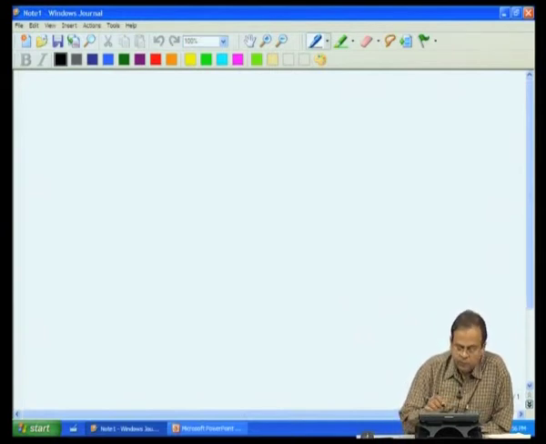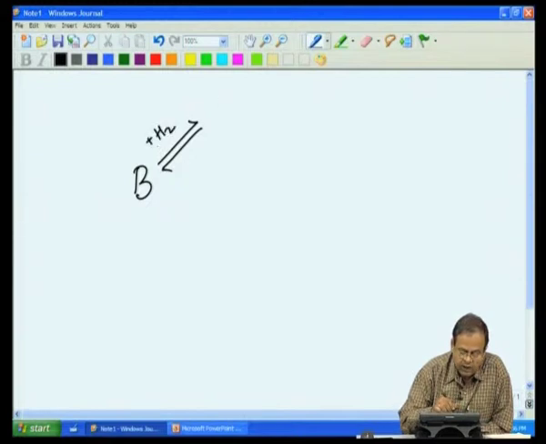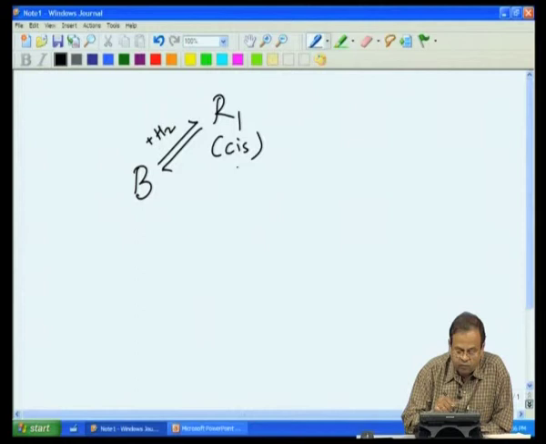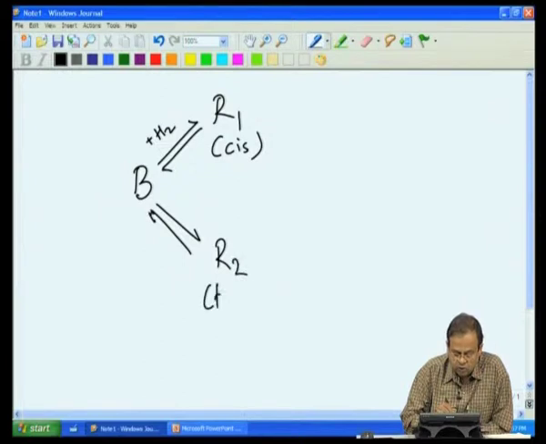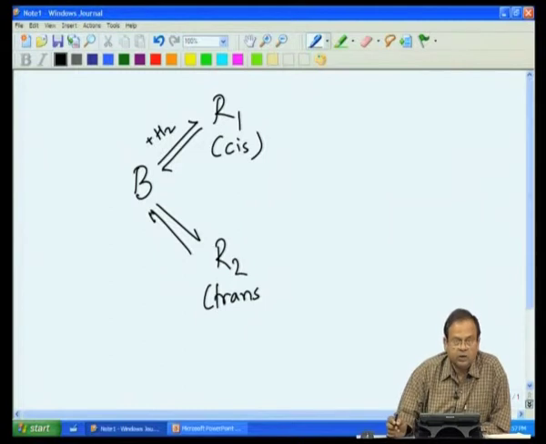For example, let us say this is my di-unsaturated, B. So, in the first set of reactions, that is where hydrogen is added, we get monounsaturated, and this is a cis form of monounsaturated, and we have a trans form, its isomer. So, we have cis and trans.